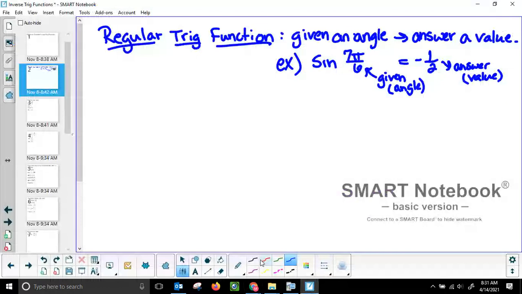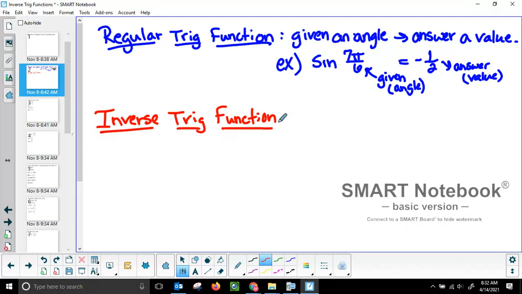Now an inverse trig function goes the exact opposite way. We are going to be given a value, and we will answer an angle.